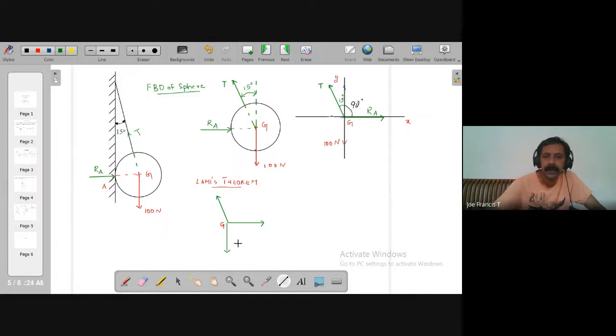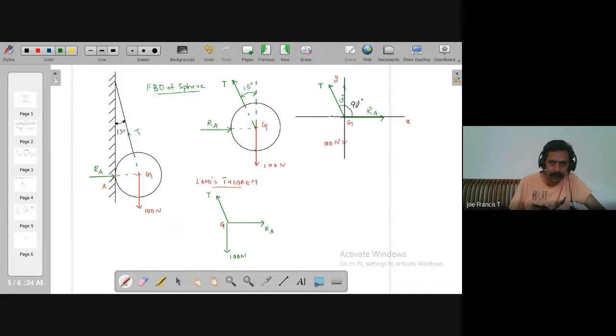So there are three forces. Now I'll just represent all these forces. So this is RA, and this is T, and this is our 100 Newton, the weight of the sphere.